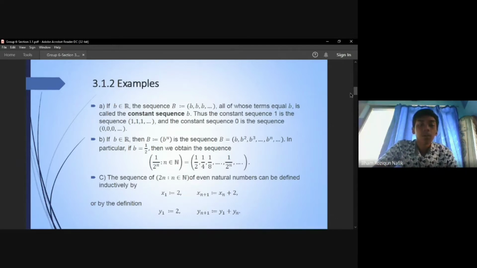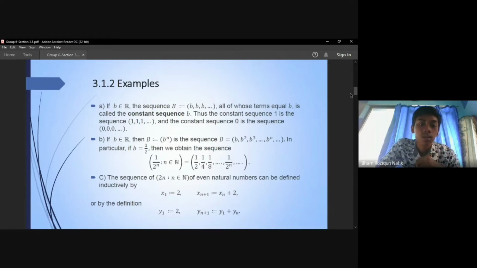And in point B, if b is an element of the real numbers, then B equals b to the power n is the sequence b, b power 2, b power 3, b power 4, and so on.